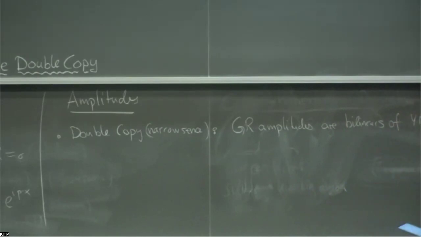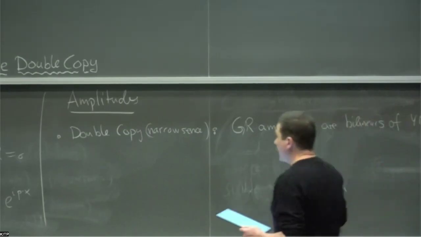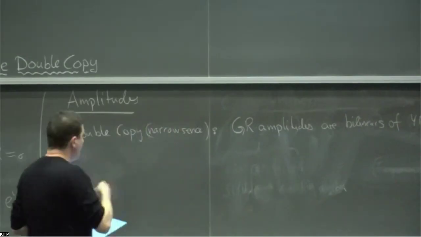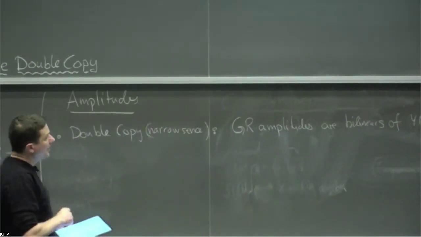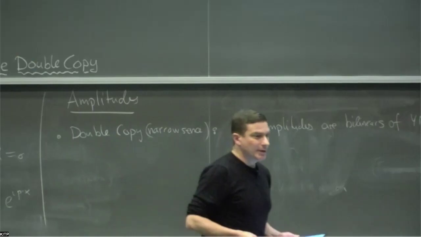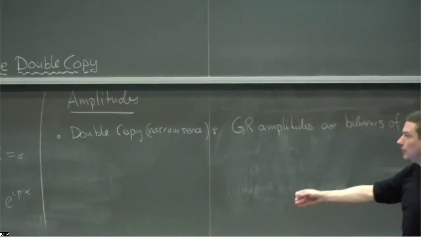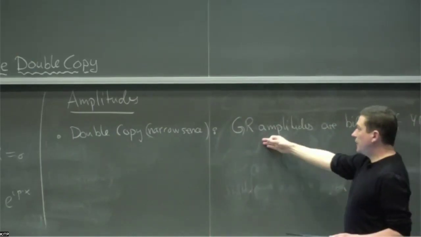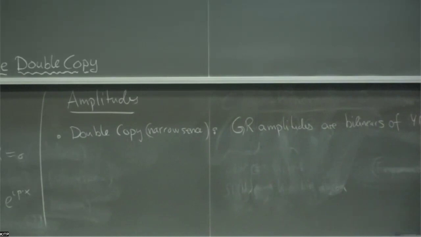And maybe I should say that you have to be a bit careful here. What I mean is that at tree level, they're bilinears. And when you go to loop level, there's a map, but you have to do it before you integrate. So the integration makes it a bit more complicated. But that's essentially the narrow sense of what the double copy is. And I chose to say that we're doing this order by order in the gauge coupling. So we do tree level, map between tree level amplitudes here and tree level amplitudes here.